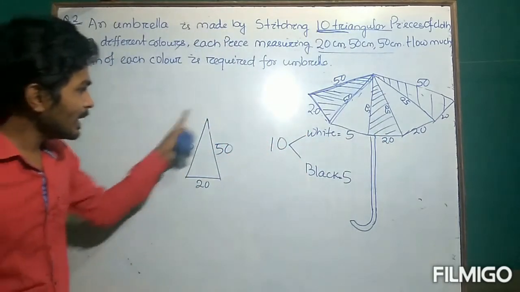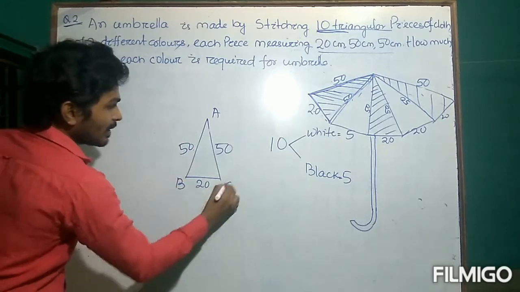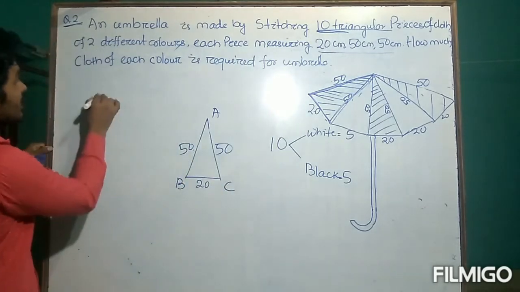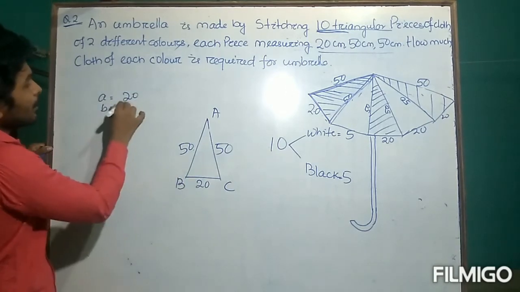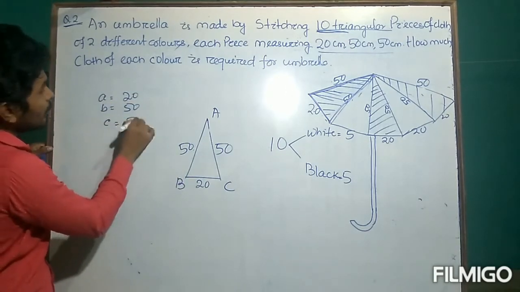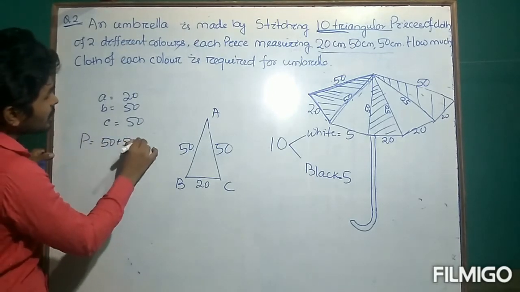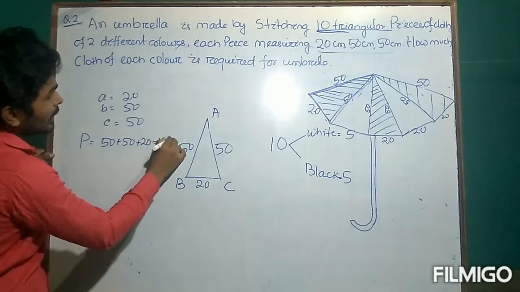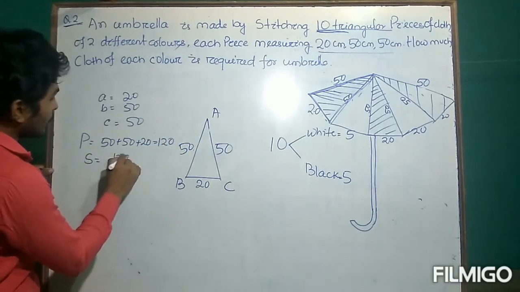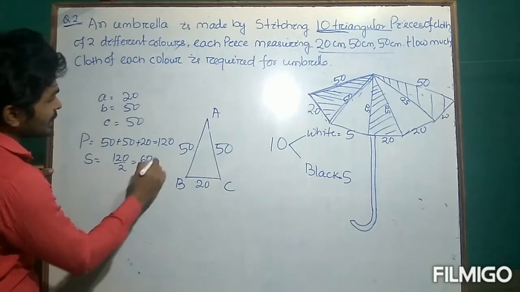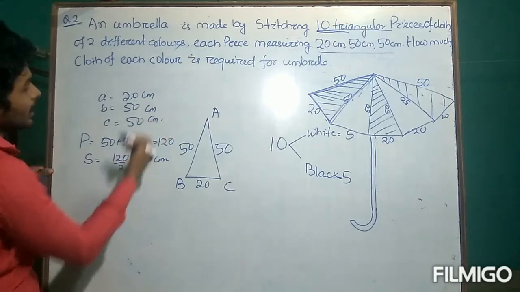Here in this triangle, small a is 20, small b is 50, small c is 50. So you can find the perimeter: 50 plus 50 plus 20, that is 120. So S is half perimeter, that is 120 by 2, 60 centimeter. These are in the unit of centimeter.